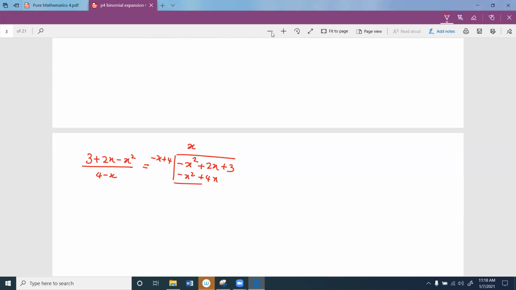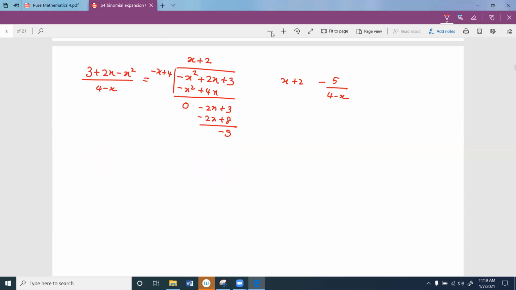If you subtract it, you get 0, then minus 2x plus 3. Then you have to see how many minus x terms make minus 2x, that is plus 2. Then 2 into this is minus 2x plus 8. So the remainder is minus 5. Now this reduces to this format: x plus 2 minus 5 over 4 minus x.